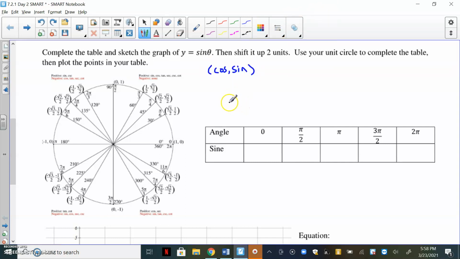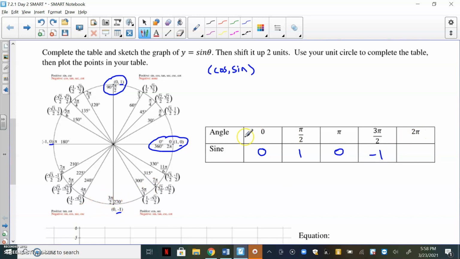So when I say sine of 0 radians, I look over here and I look at the number on the right. That's a 0. At pi over 2, I look up here where pi over 2 is, and on the right there's a 1, so the sine is 1. At pi, on the right, there's a 0. At 3 pi over 2, on the right, there's a negative 1.